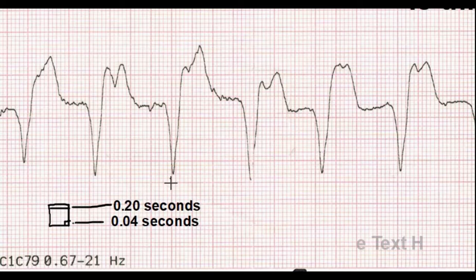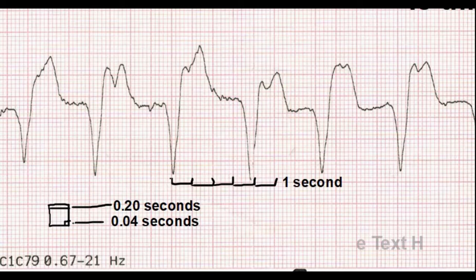And if you count out 5 of the big boxes, 1, 2, 3, 4, and 5, that's the equivalent of 1 second. Why is any of this relevant? Well, this lets us time out the beats and make some measurements.